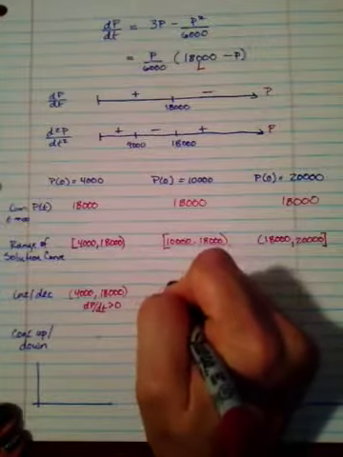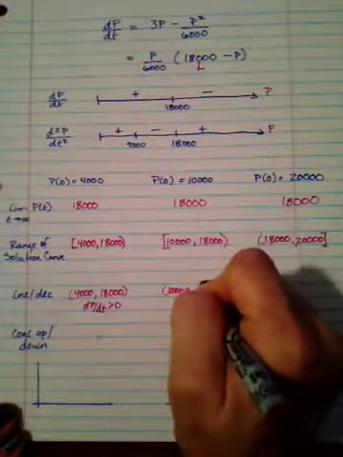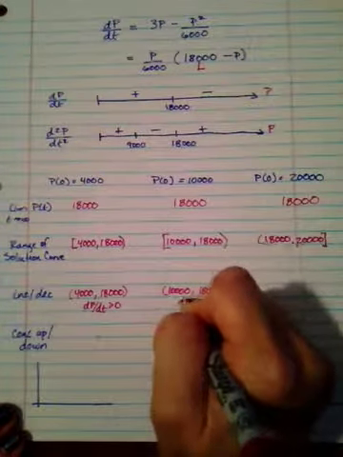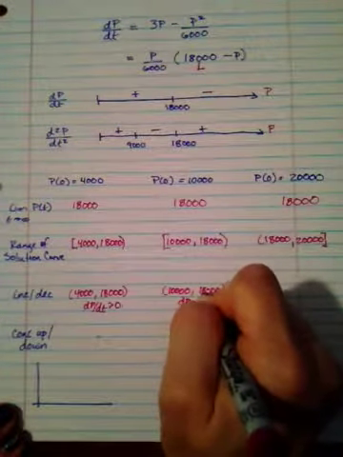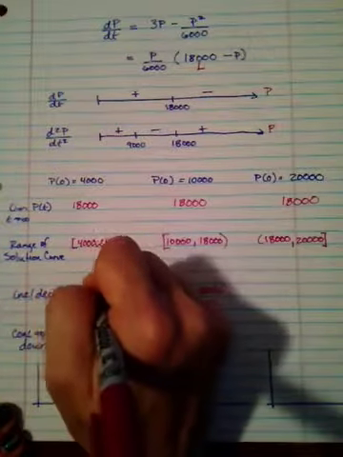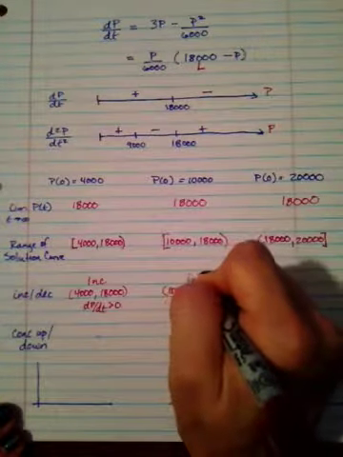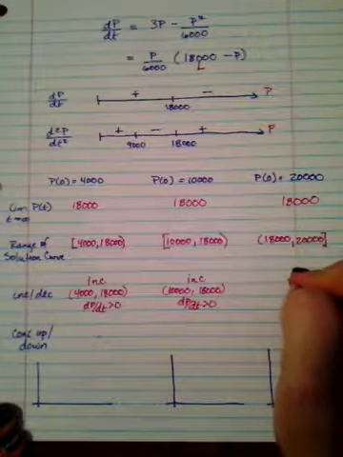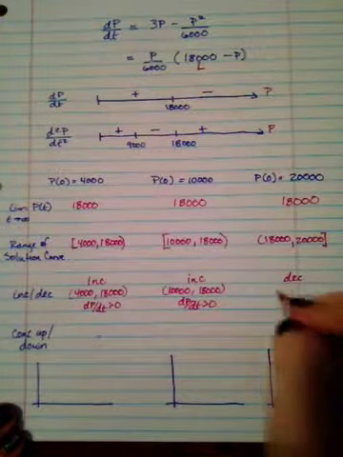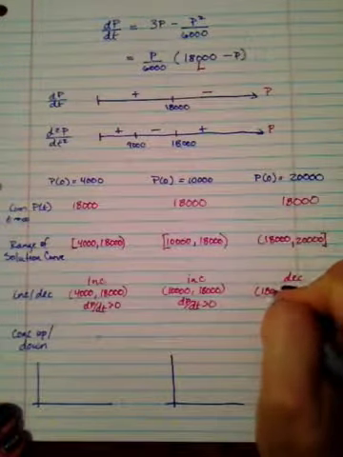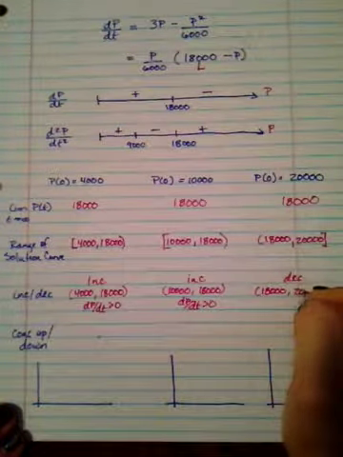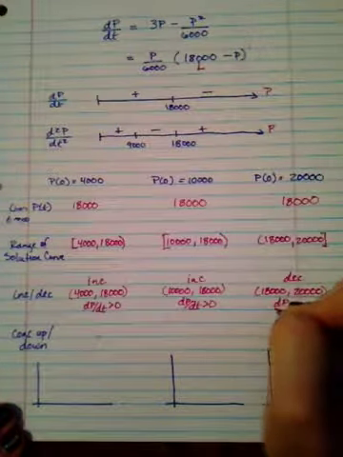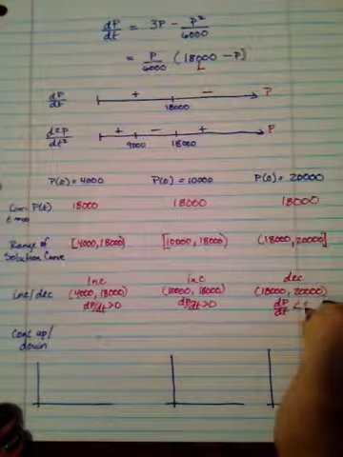So I would say from 10,000 to 18,000 and dP/dt is greater than 0. So we are increasing on this interval or increasing on this interval. Now if I start above the carrying capacity, I'm going to decrease towards the carrying capacity, so from 18,000 to 20,000. And my dP/dt is less than 0.